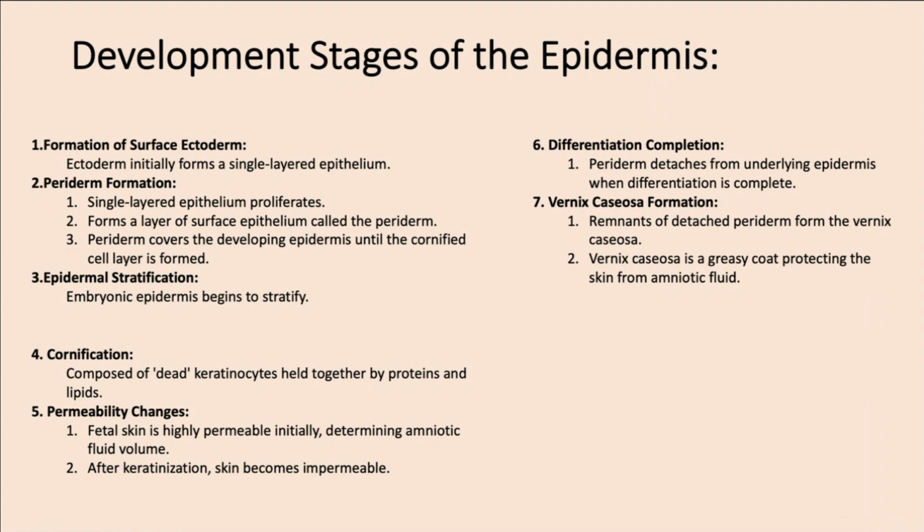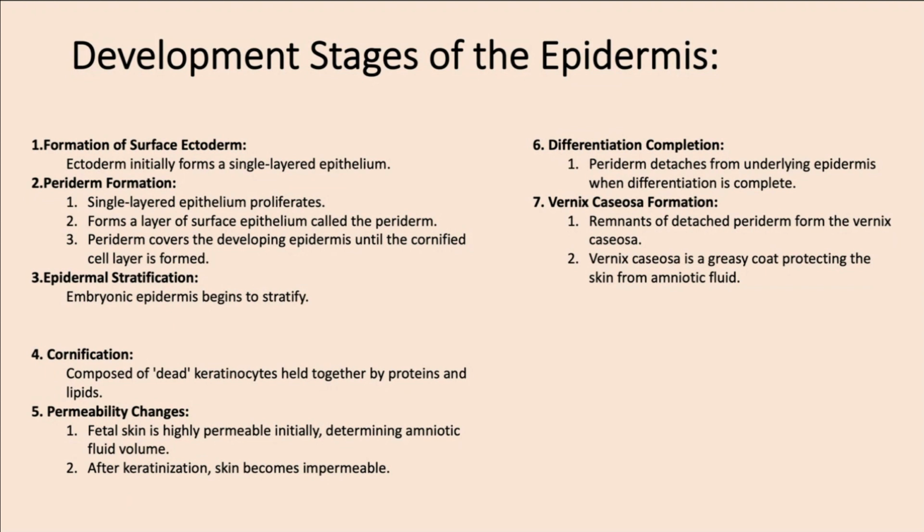Okay. Then we have something called the vernix caseosa. The vernix caseosa comes from the periderm, the detached periderm. The whole point of it is to provide a greasy coat around the skin to protect the fetus from the amniotic fluid, because this amniotic fluid is good for the fetus in the sense that it's protecting the fetus from any sudden movements.